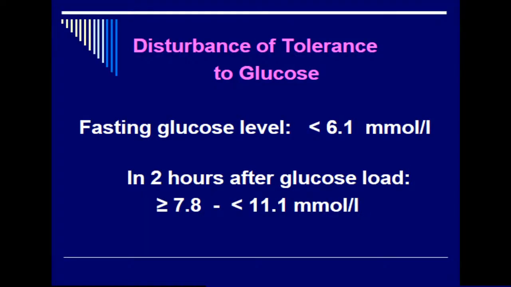Disturbance of tolerance to glucose: fasting glucose level less than 6.1 millimole per liter, and 2 hours after glucose load or after meal, glycemia will be more or equal to 7.8 but less than 11.1 millimole per liter.